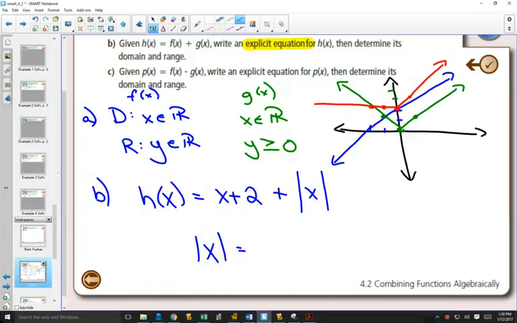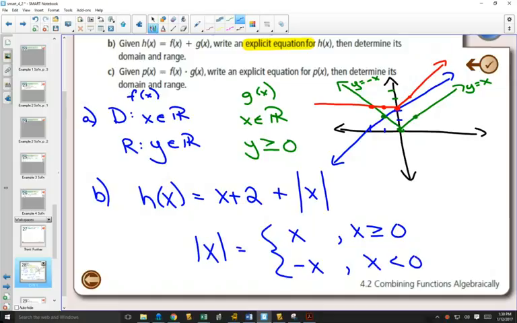Can you see that the absolute value of x, some of the times on this part is the y equals x graph, and on another part of the time it's the y equals negative x graph? So the absolute value graph can be written in two parts. It's sometimes x, but that's only when x is bigger than or equal to 0. The other times it's negative x, and that's when x is less than 0.